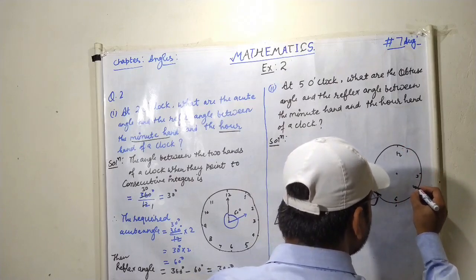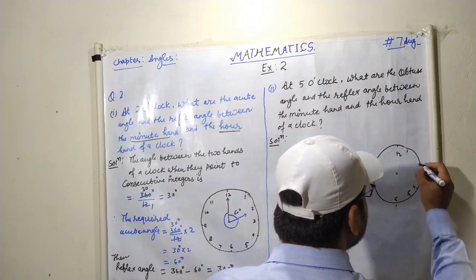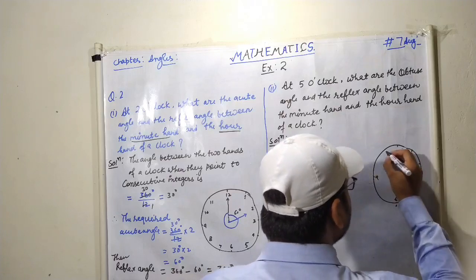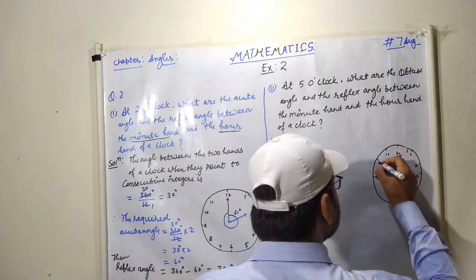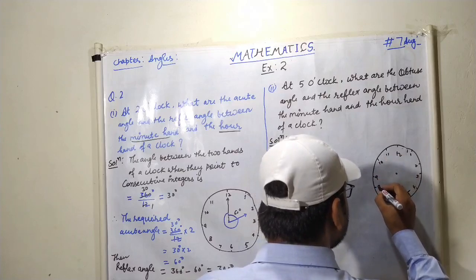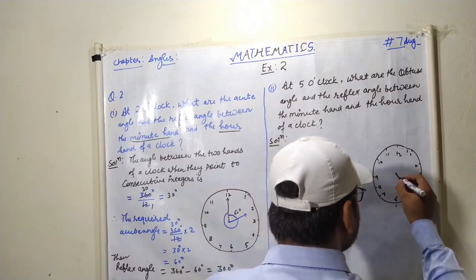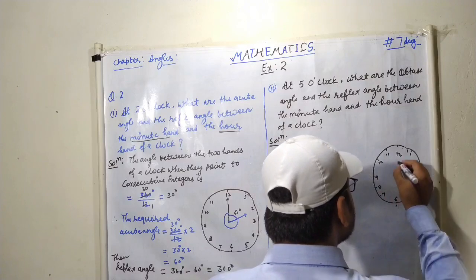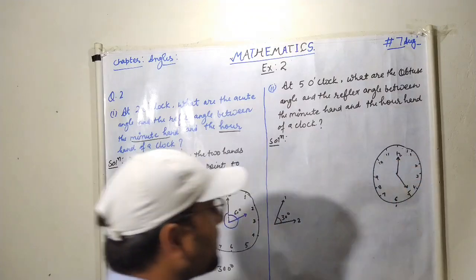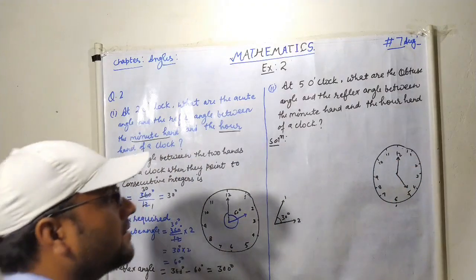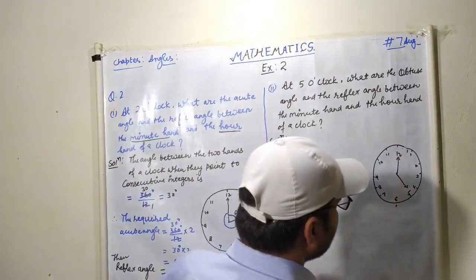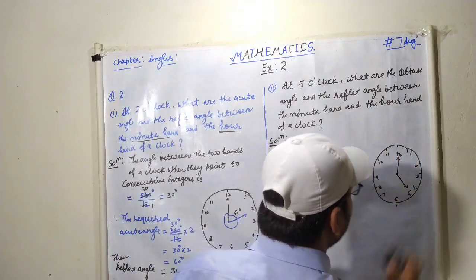Here is 4 and this one is 5, 2, 1, 11, 10, 8 and this is 7. This is your hour hand and this one is your minute hand. Okay. So what about the angle between this 12 and 5 o'clock?